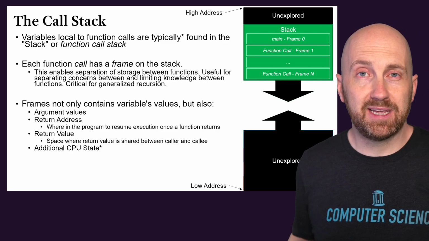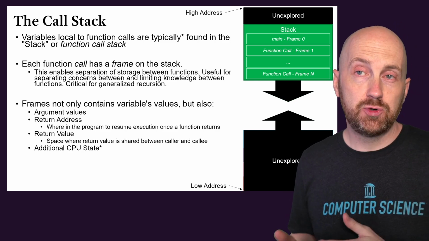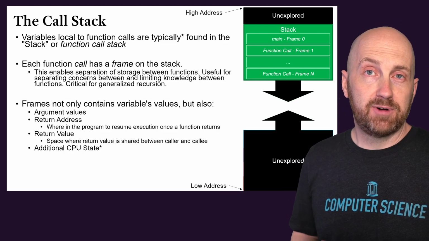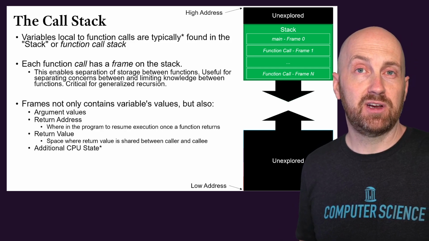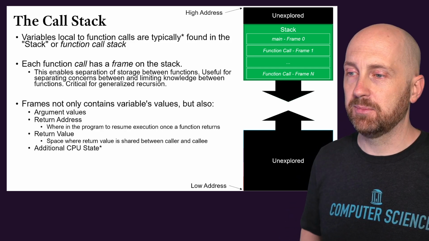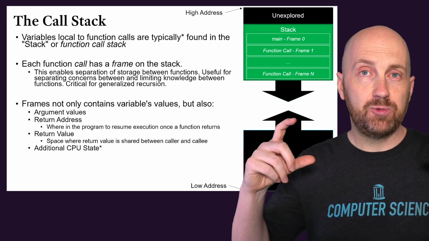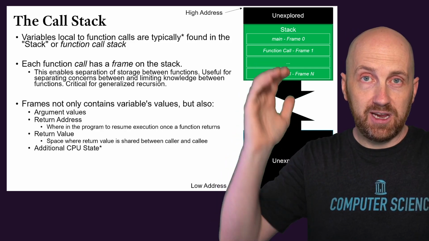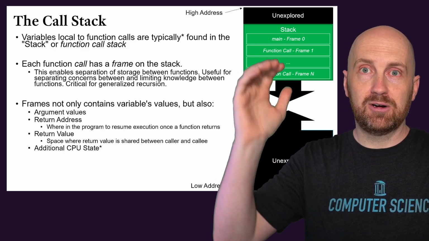The frames are not only going to have local variables, but they're also going to have the arguments that were passed to a function. The frame is going to have to keep track of where it returns back to. So which instruction is it going to jump back to once the function call is complete? And there's going to be some space that is shared between the calling frame and the callee, the caller and the callee.